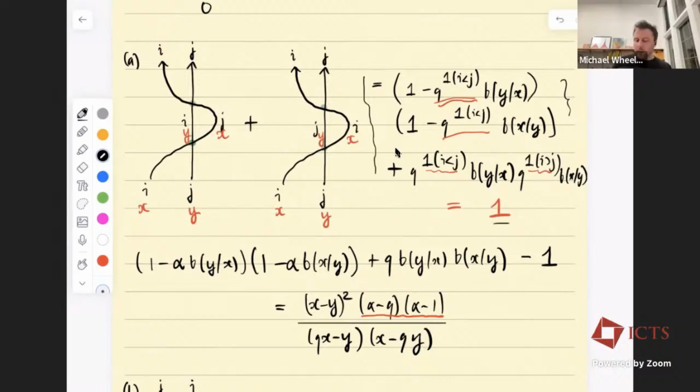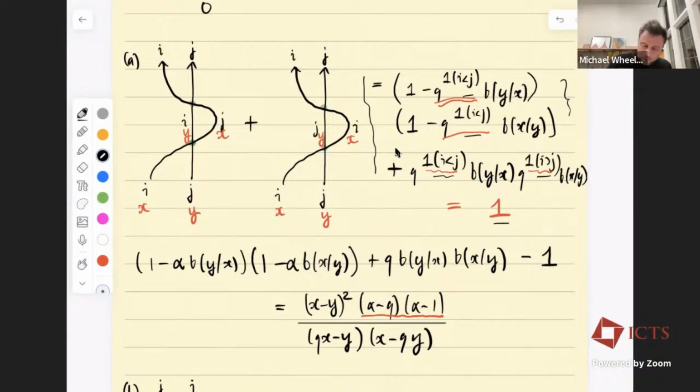Yep. But you can see that it's a little bit strange because these exponents of q will always give you q no matter what. But these ones are going to be different depending on whether I is smaller than or bigger than j. So it's actually two equations that need to be checked.